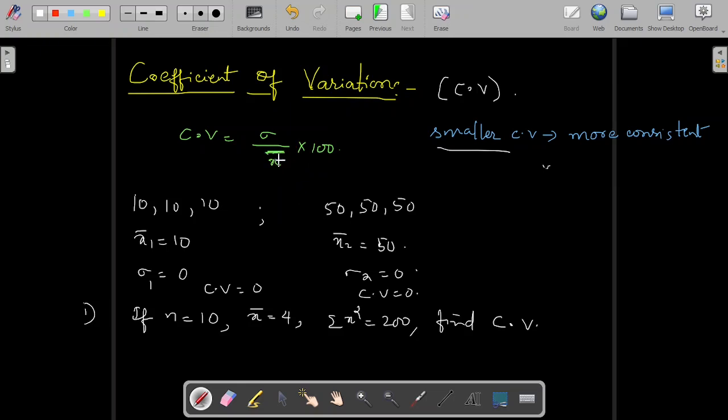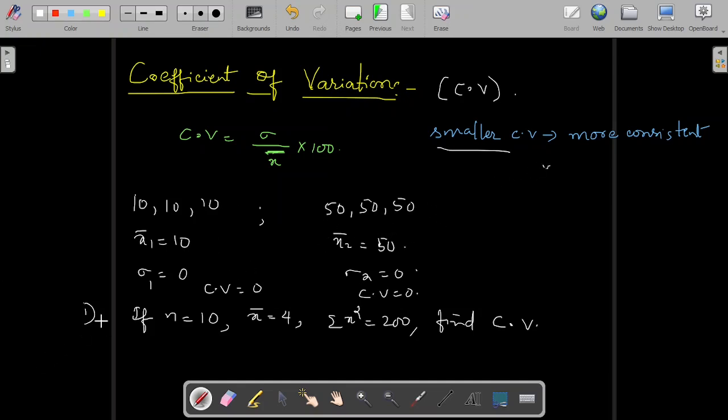Higher mean means it is in the denominator. What happens to the CV value? If this is more, this will be less. Less CV means more consistent. Therefore, the series with the highest mean is more consistent.